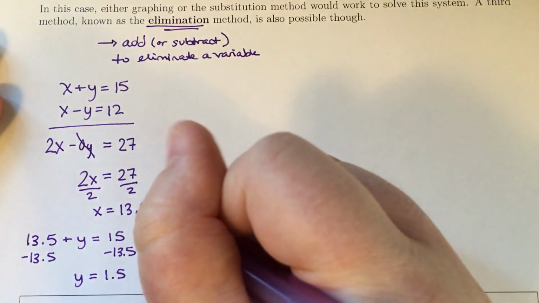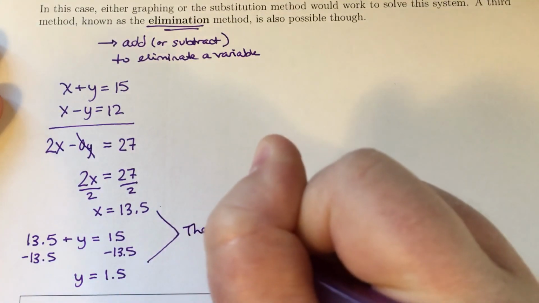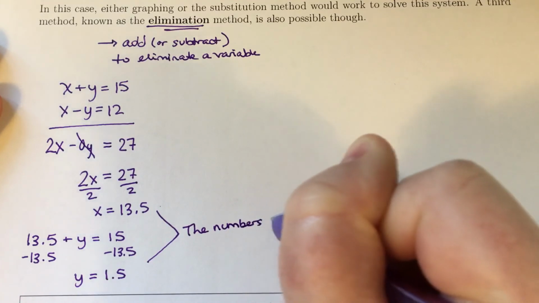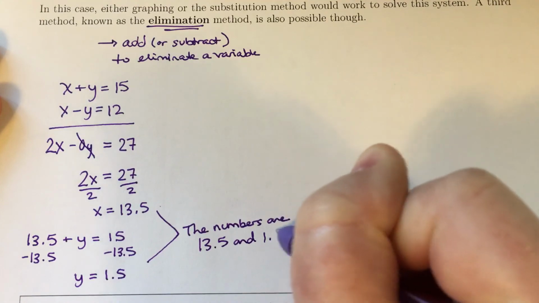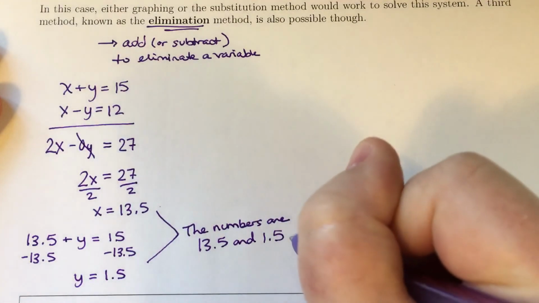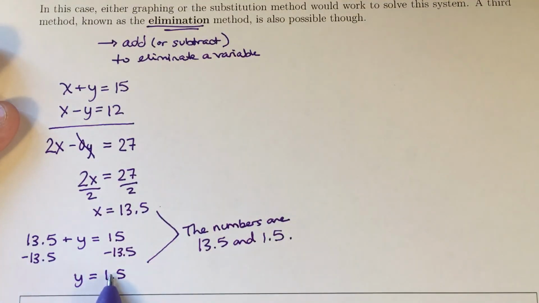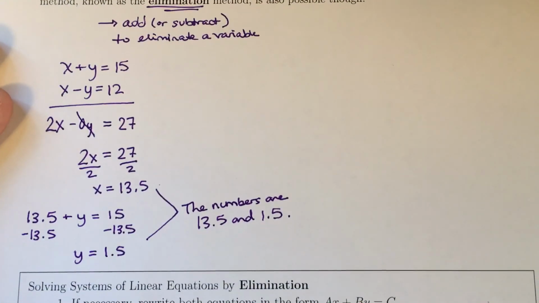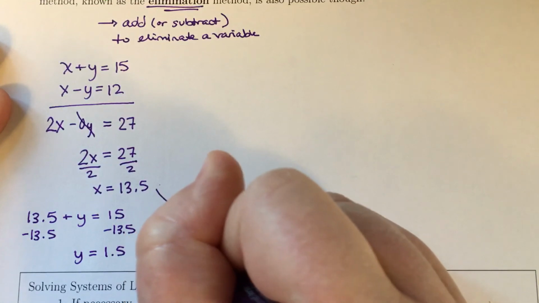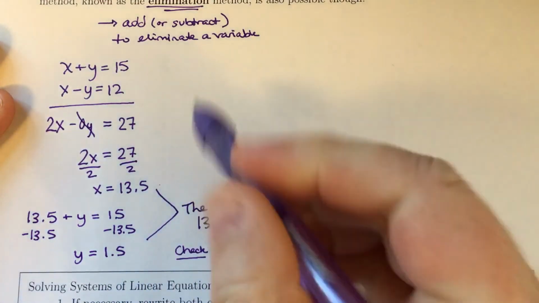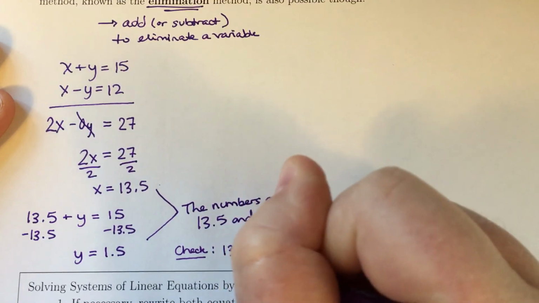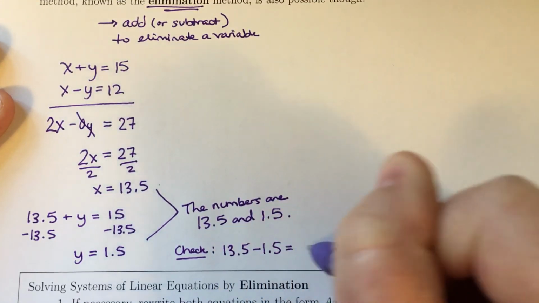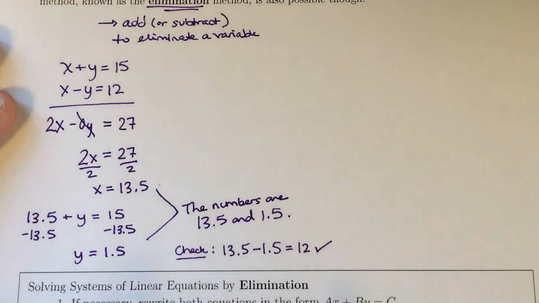That tells us that the numbers are 13.5 and 1.5. And we could check in the second equation, right? I found y using the first equation, so the second equation is a good one to check in. x minus y is 12, so that would be 13.5 minus 1.5 is 12. That totally checks out.